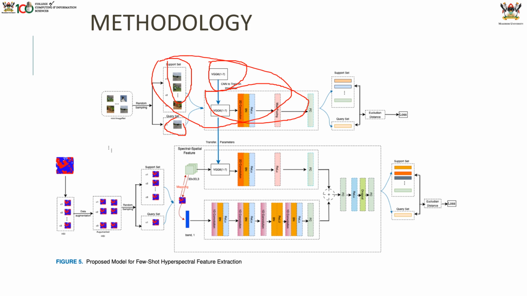The weights that have been initialized with the first network are transferred into this spatial feature extraction network, where we have this block here, which is the spatial block, and this is the spectral block.